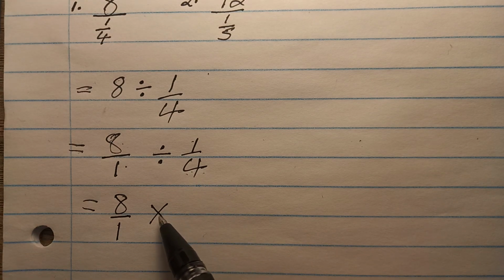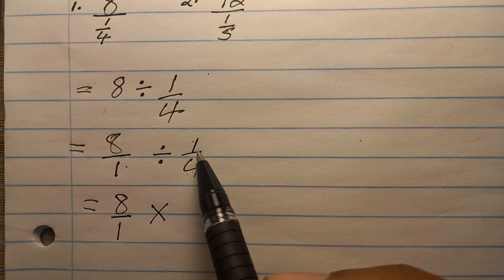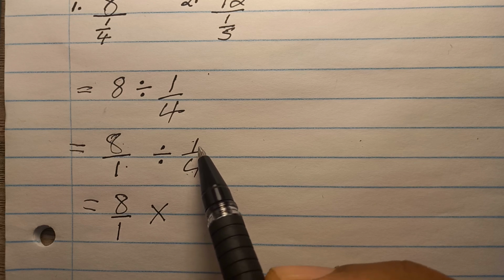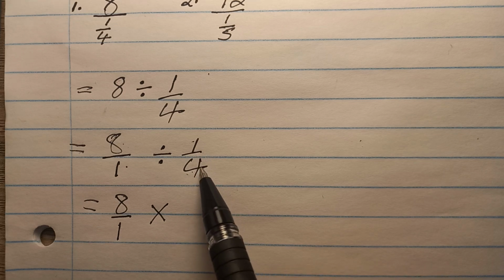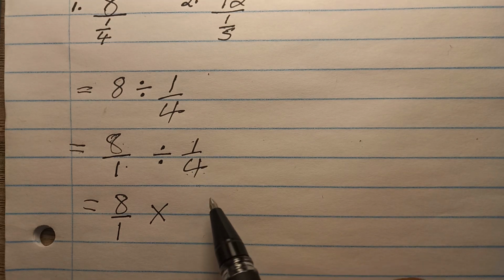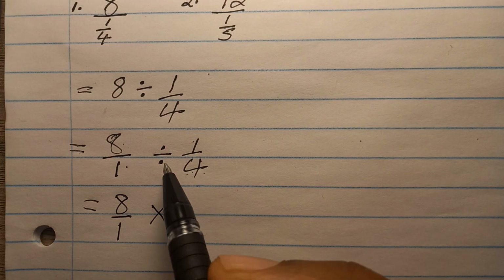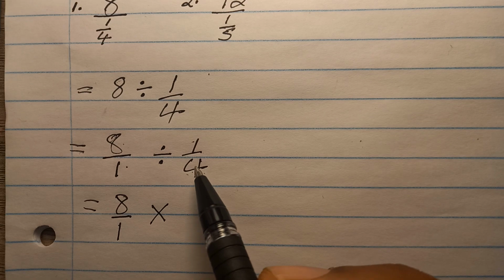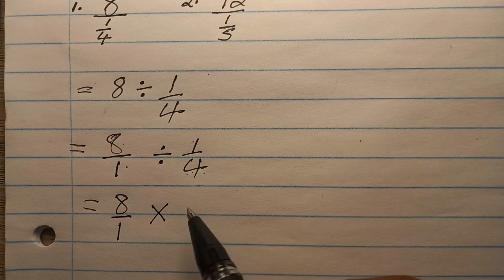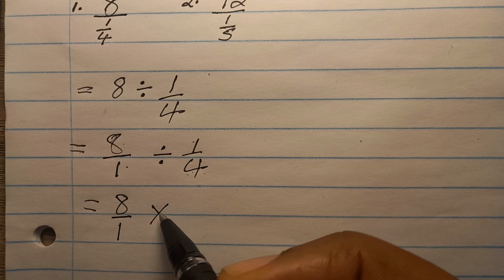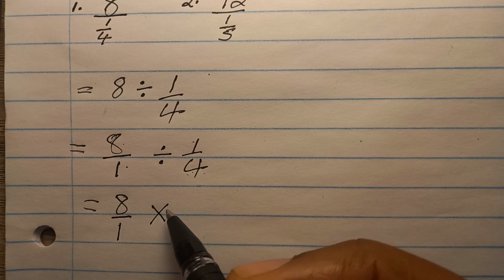But when we put a multiplication sign here, what we have on the right side of the division sign changes: the numerator becomes the denominator and the denominator becomes the numerator. All the time when we are removing the division sign, remember that the numerator becomes the denominator and the denominator becomes the numerator.